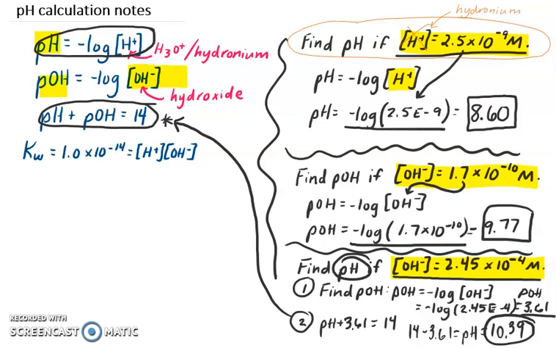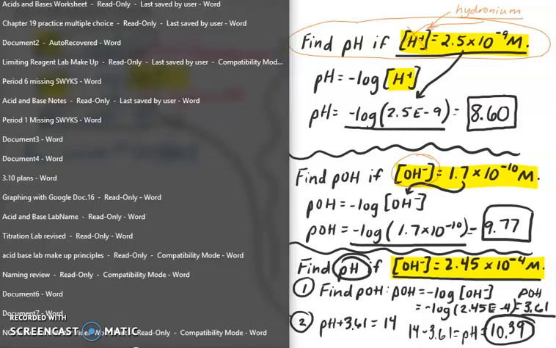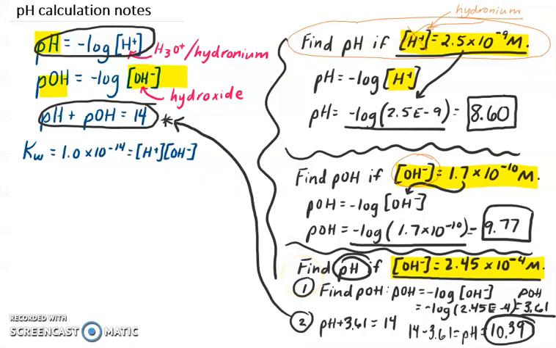You need to just remember whenever they say hydronium, they're talking about H+. Whenever they say hydroxide, they're talking about OH-. So if you wanted to go ahead and try and get started on part 2 of the packet, you can do that now. I'm going to take a quick peek here and we're going to see what part of the packet you all can work on at this point. But for now, go through the ones where it's asking you to find pH or pOH.